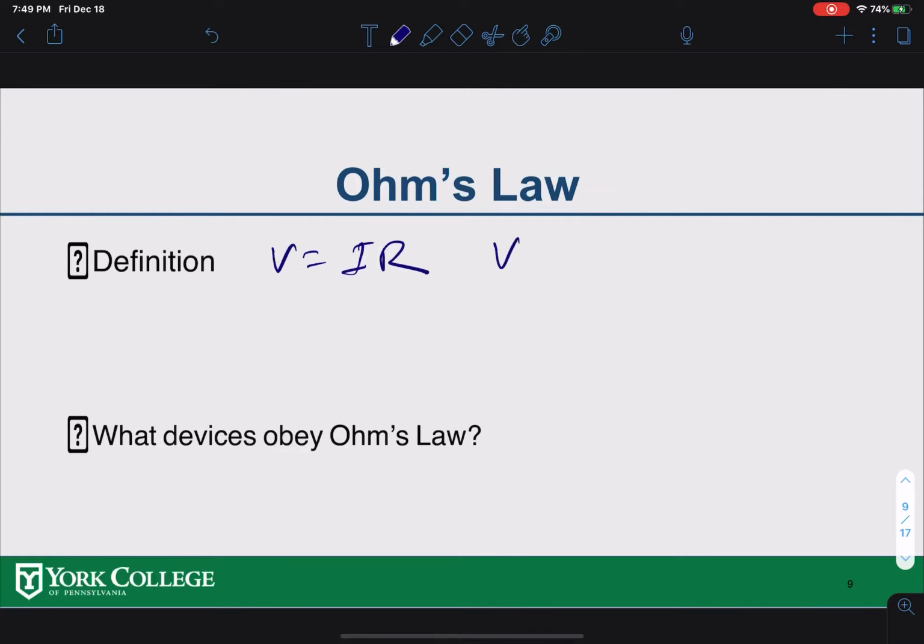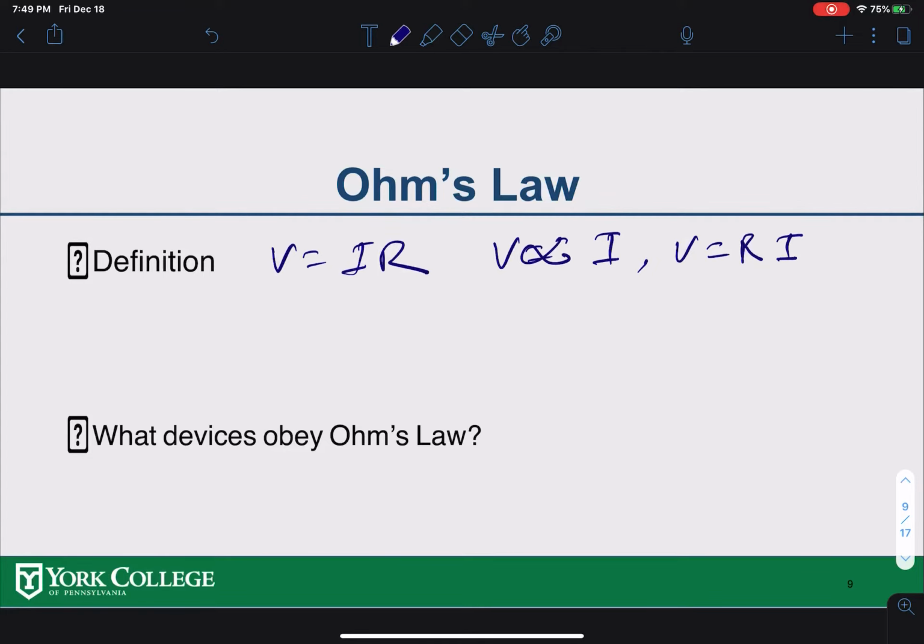So V is directly proportional to I. All right. And if you take the ratio, or if you try to make this equal, V equal to I, there is a proportionality constant that is R. So R is the proportionality constant between them. So V equal to IR, right?